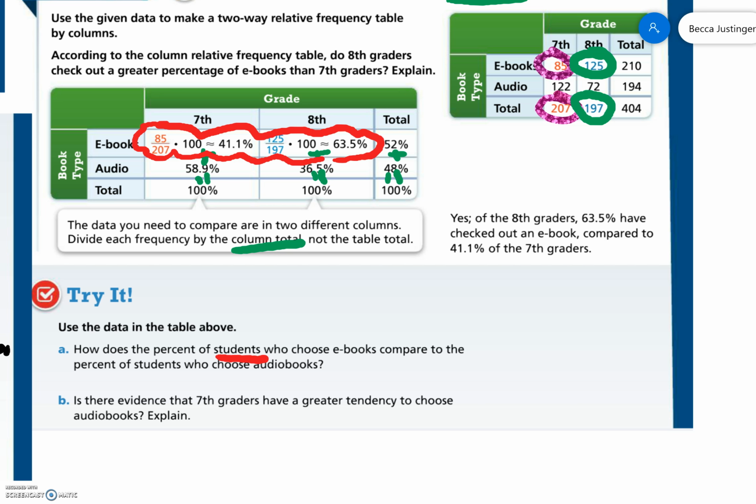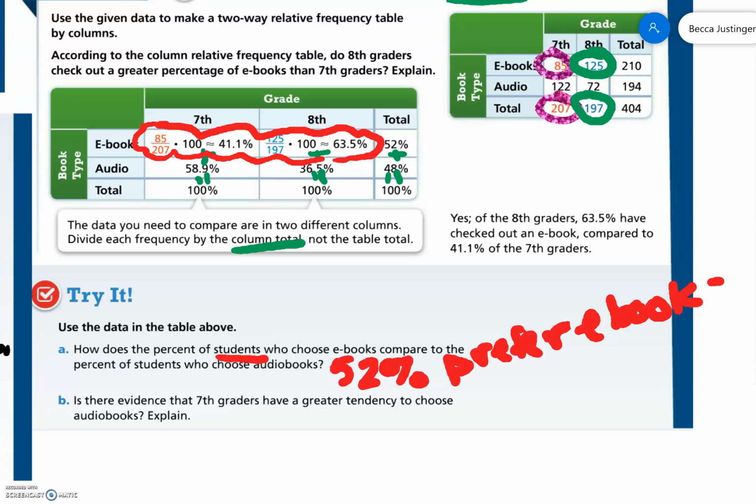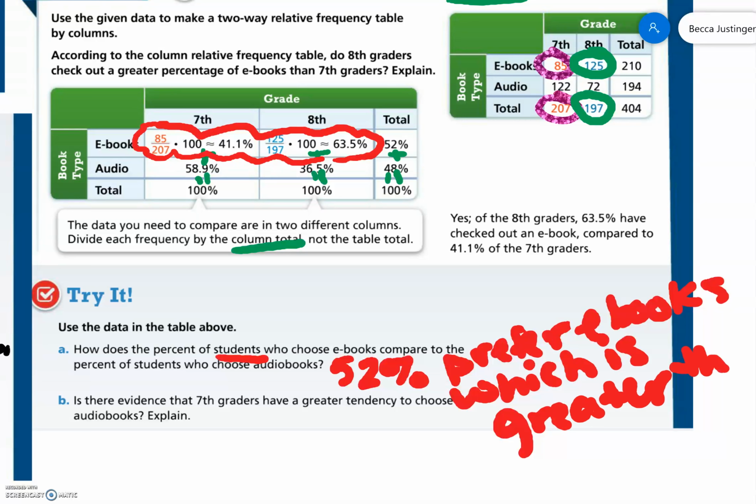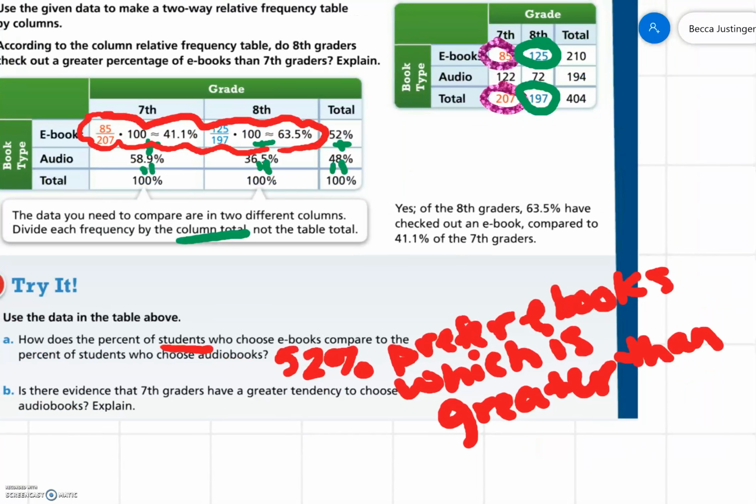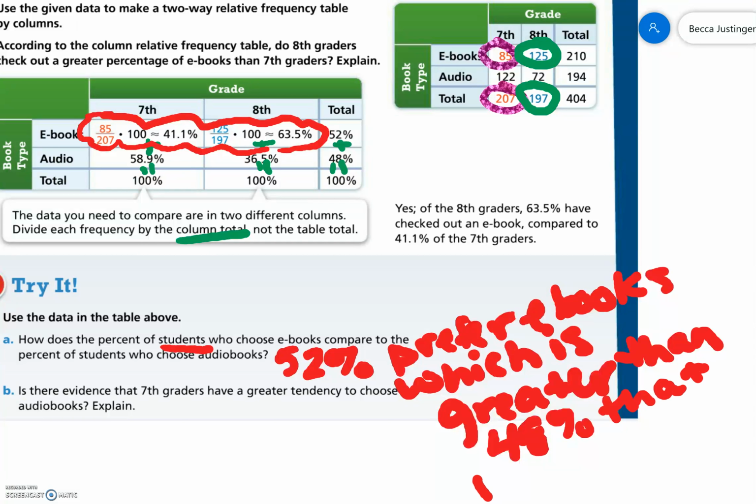Hopefully you said that 52% prefer ebooks, which is greater than 48% that prefer audio.